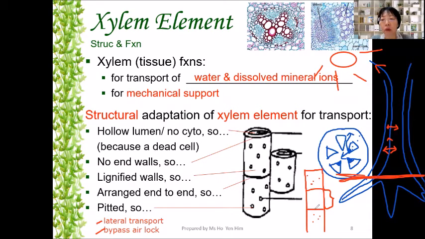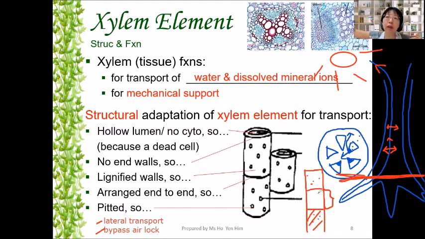Okay, this column of water here cannot move up the xylem vessel anymore, because this column of water is not connected to this column of water. So it will not be pulled by the water column here upwards, because water can move up because there are extensive hydrogen bonds among the water molecules to pull them up, all the way until the leaf.